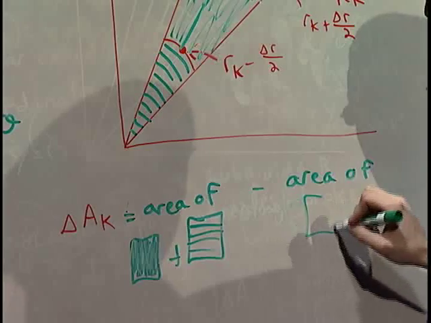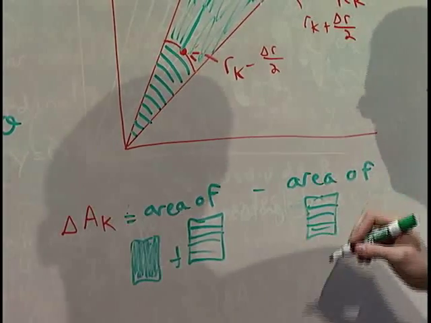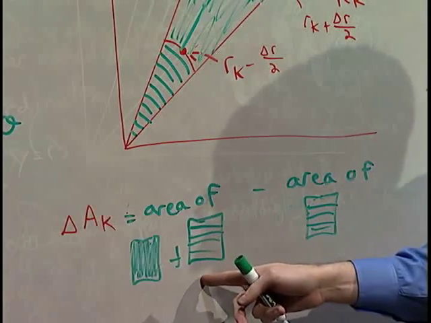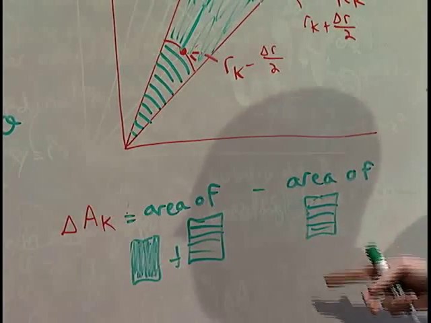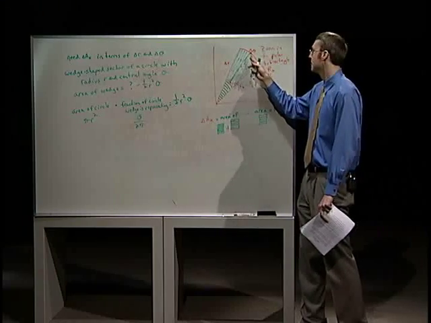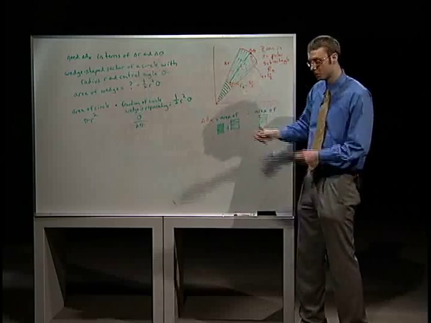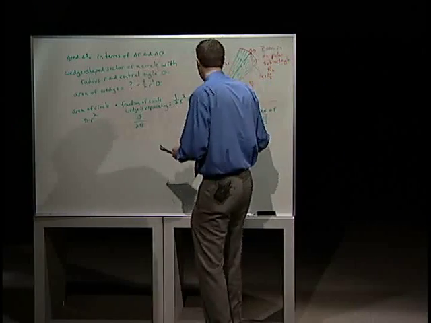As silly as this little equation seems, area of shaded plus striped minus area of striped will give you area of shaded. That's what I want. So to get this rectangle's area, take the area of the whole wedge and minus off this piece down here. So how do I do that?